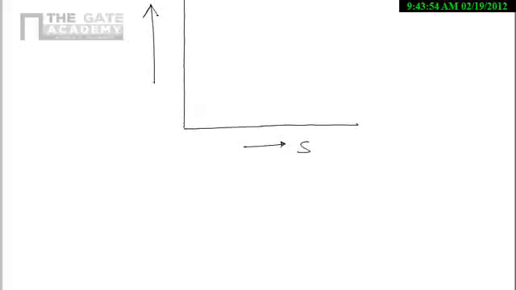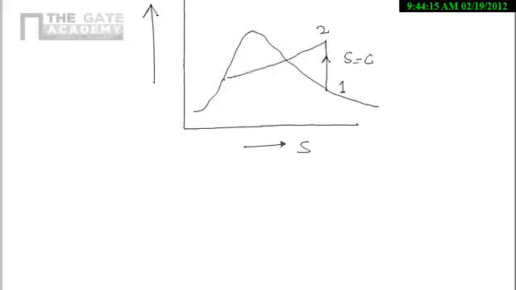This one is a typical enthalpy entropy dome. Here 1 to 2 we know is a constant entropy process, that is an isentropic process, S equals C. 2 to 3 is a constant pressure heat rejection.